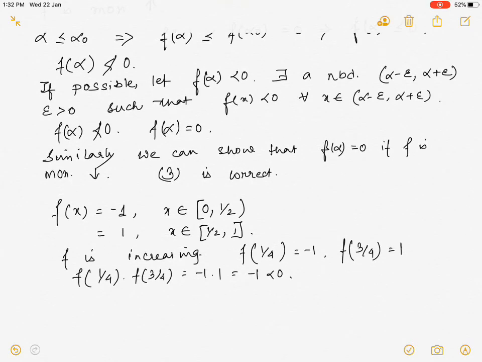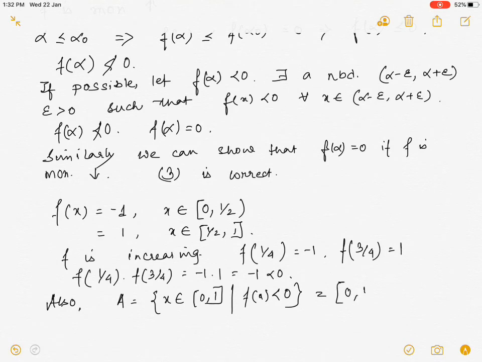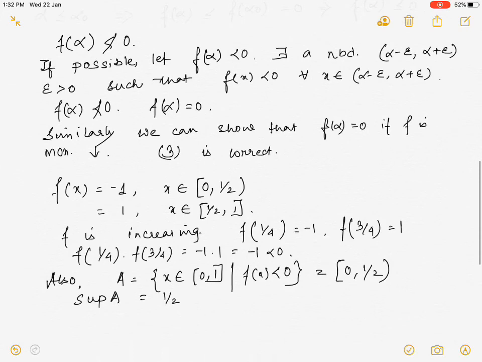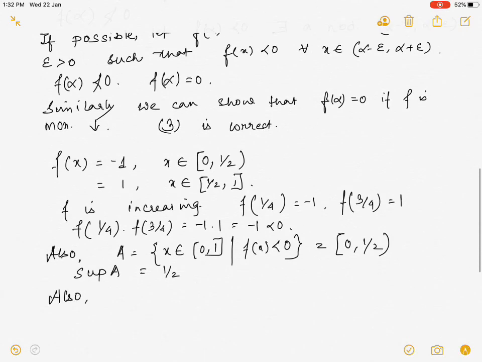Thus this f satisfies all the conditions given in the problem. The set A is the set of all x in [0, 1] such that f(x) is strictly less than 0. This is none other than the set [0, 1/2), and supremum of A is 1/2. Also, f(1/2), as we have seen, is 1, and that is strictly greater than 0.